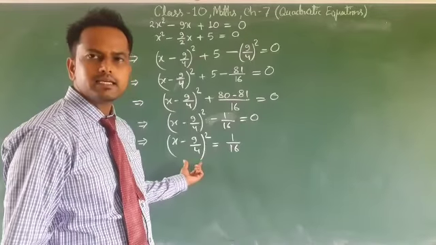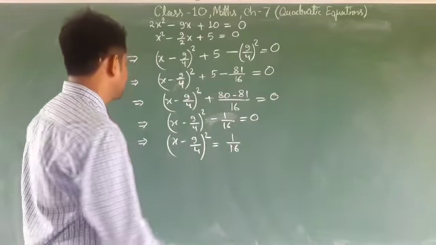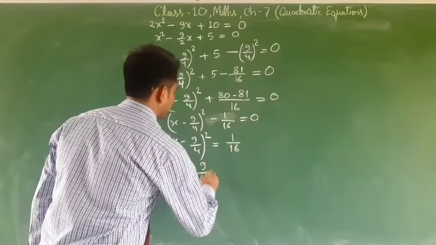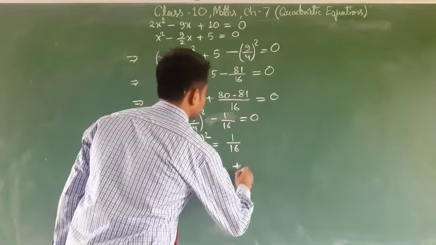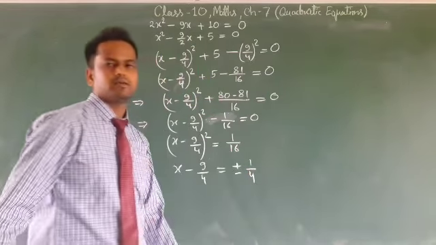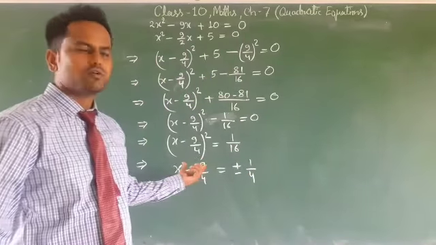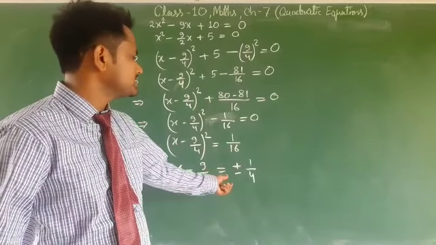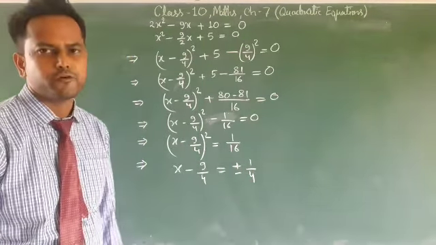Taking square root on both sides, then we get x minus 9 by 4 is equal to plus minus 1 by 4. Okay?